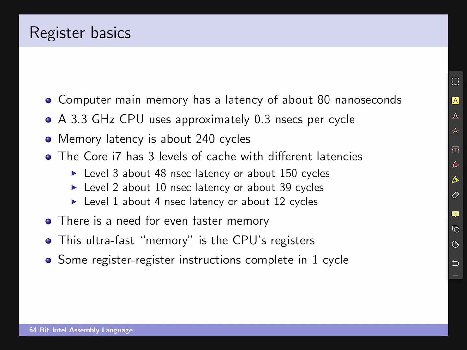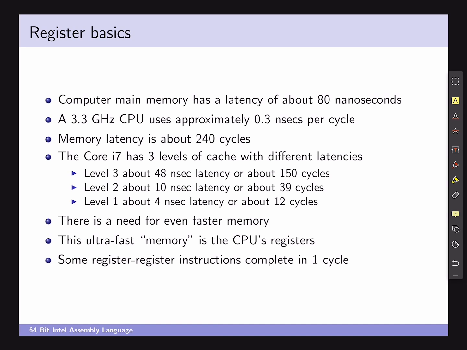Now, that's a lot of cycles from you asking the CPU to perform some kind of calculation. So say you tell the ALU to add these two values, and now it has to wait 240 cycles just to get that value into that register. That's obviously a big cost, because I could have performed another 239 other operations while I was waiting for that memory to get back to me.